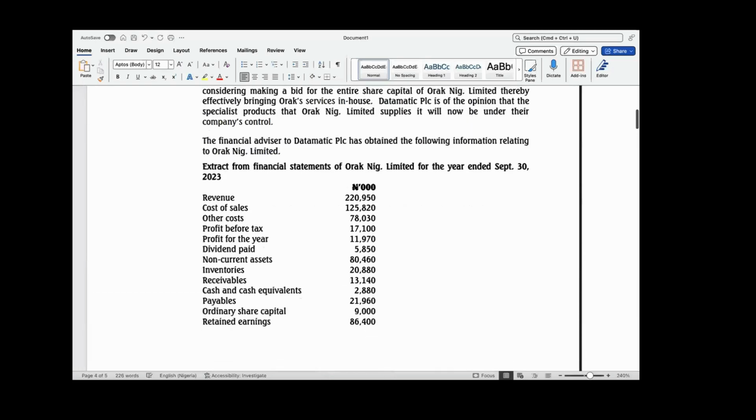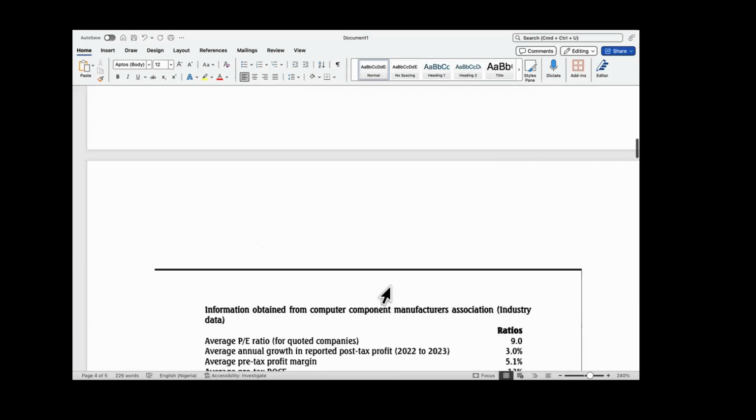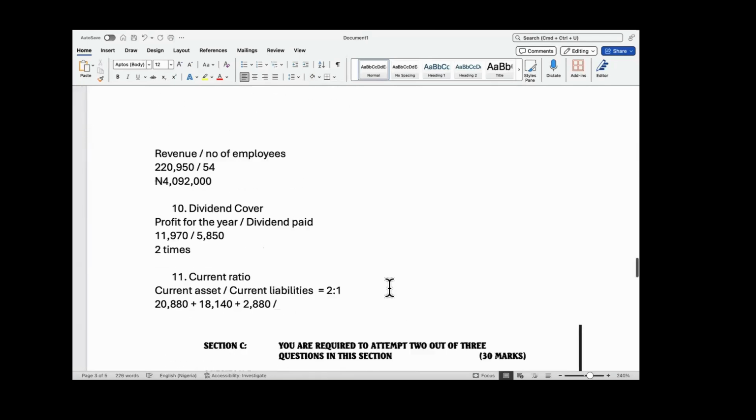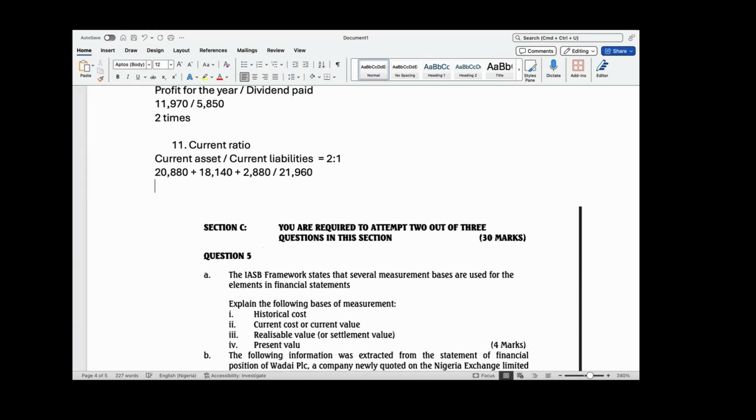Okay, let's go for the liabilities. They only give us payables, so I can go straight to use 21,960. So can you add these three, divided by 21,960? 36,900. Okay, 36,900 divided by 21,960.